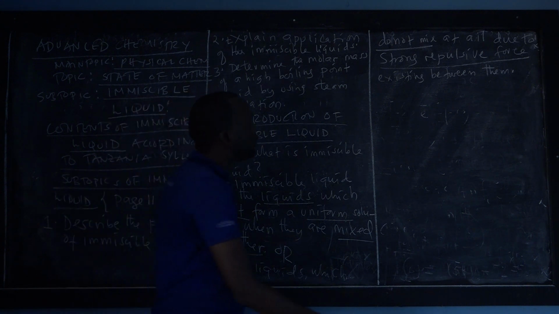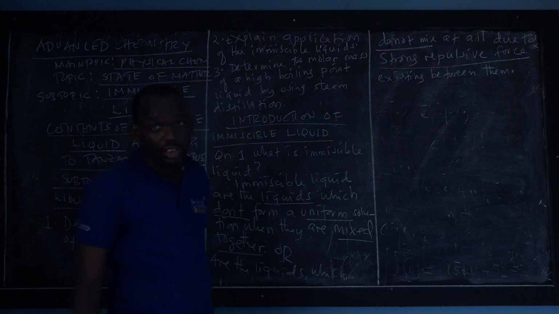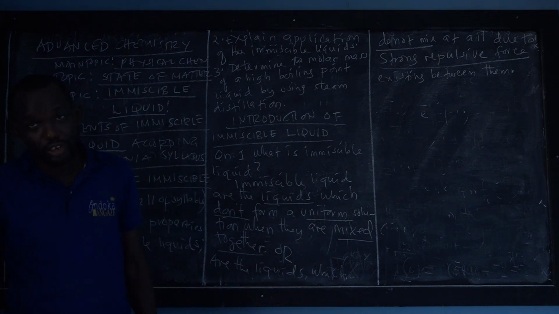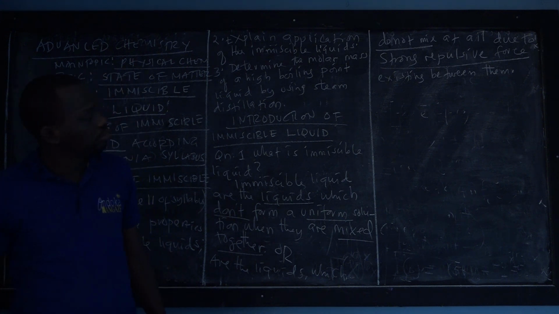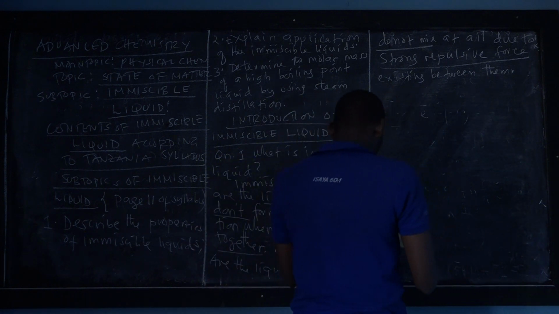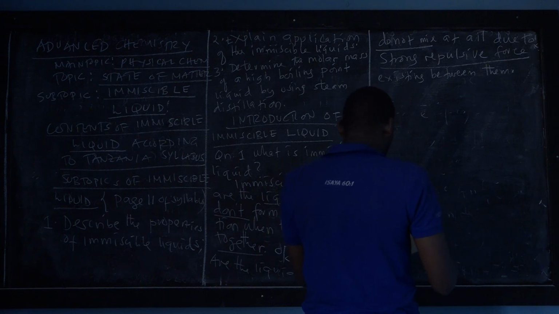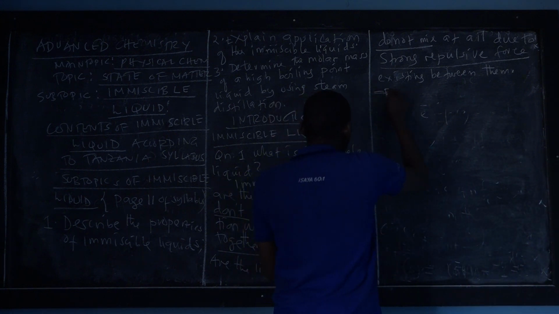This repulsive force exists between the two liquids, or three, or four immiscible liquids, in the mixture. Because they don't mix, these liquids form something between them, which is called in chemistry a separating layer.